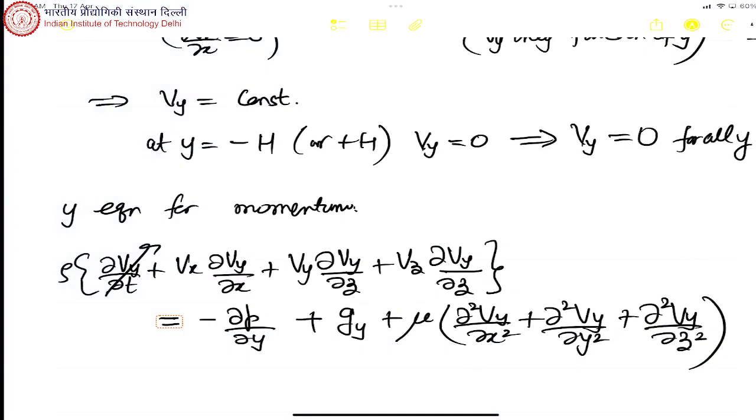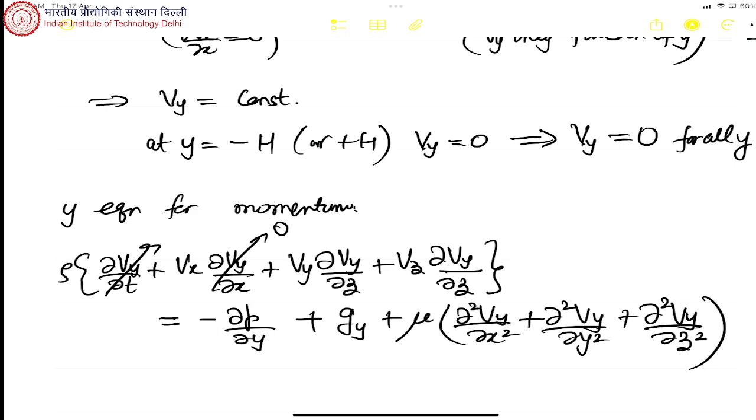Which of these terms are 0? This is 0, the steady flow; this would have been 0, but Vy is also 0. Now this term, Vx is not 0, but Vy is not changing with x. So this second term is 0, so this also becomes 0.